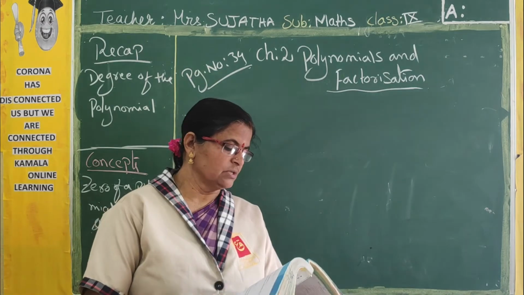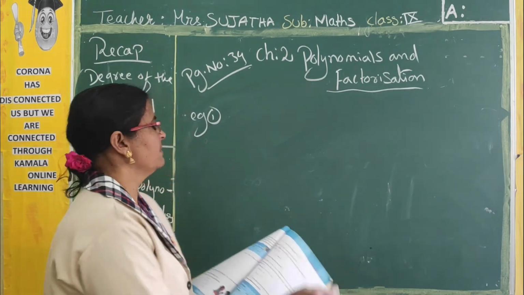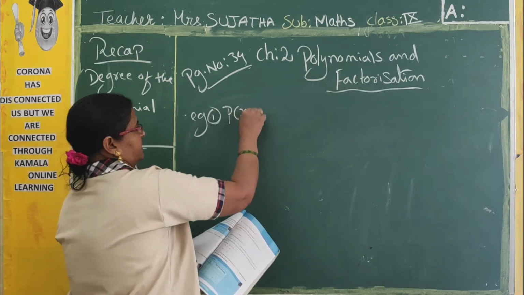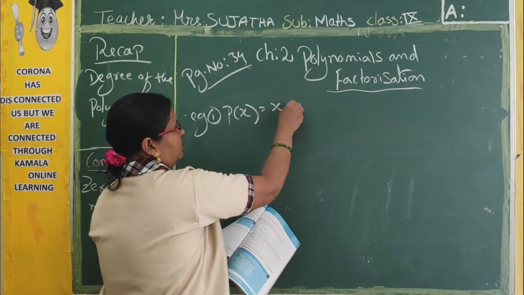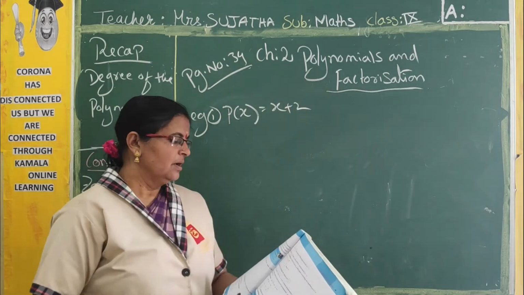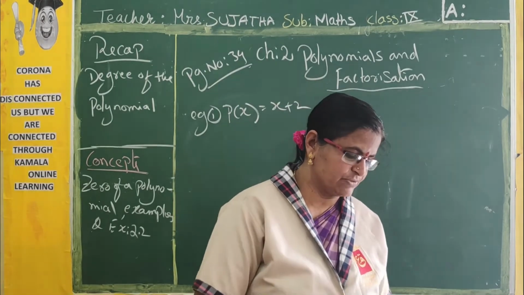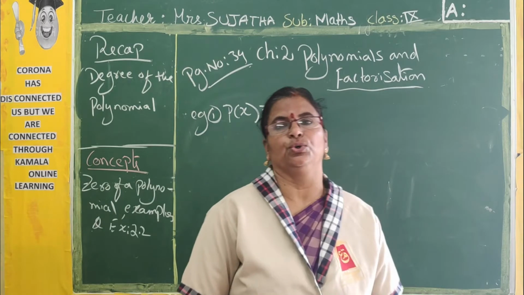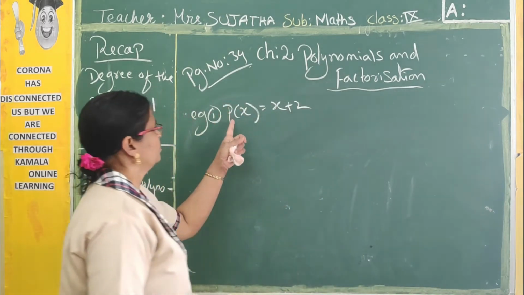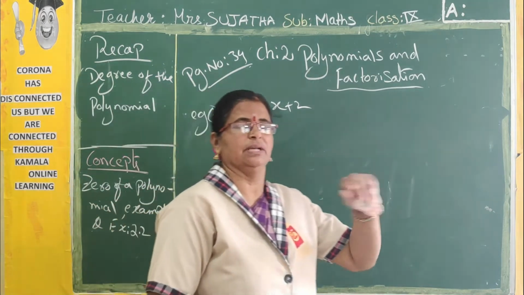What are the zeros of the polynomial x plus 2? P is the polynomial, P of x is equal to x plus 2. Then what do you have to do? You have to find P of 1, P of 2, P of minus 1 and P of minus 2. All values you have to find. That means in place of x you substitute first 1, afterwards 2, then minus 1, minus 2, like that.